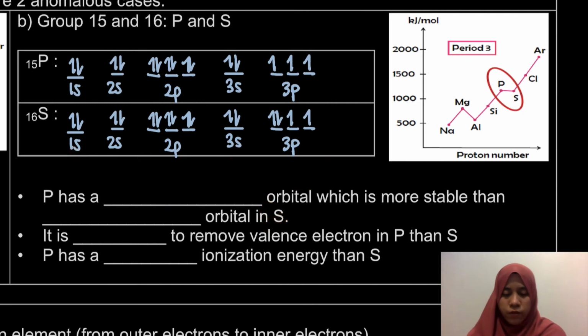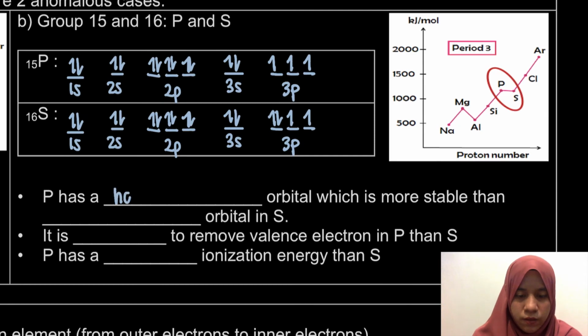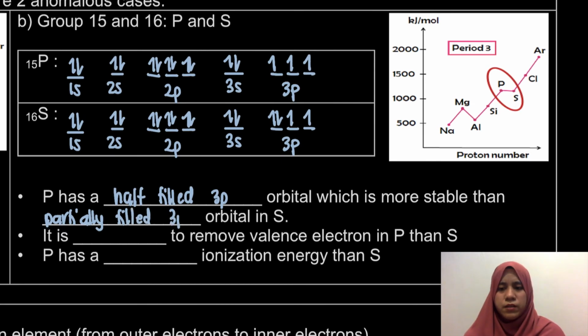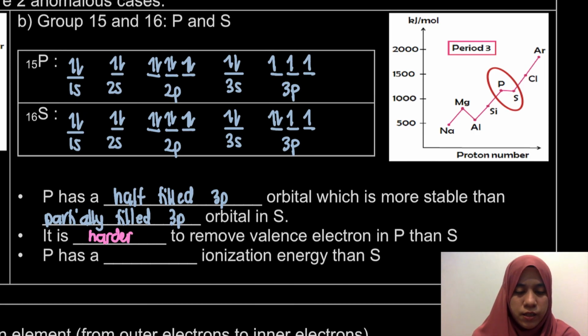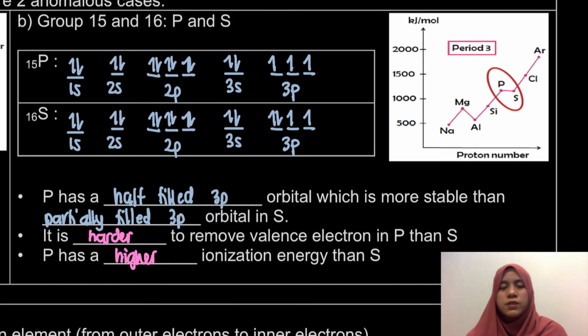In this case, phosphorus has a half filled 3p orbital, which is more stable than a partially filled 3p orbital in sulfur. This S is actually sulfur; the silicon is Si. So again, since a half filled 3p orbital is more stable, it is harder to remove the valence electron in phosphorus rather than sulfur. That's why phosphorus has a higher ionization energy compared to sulfur.